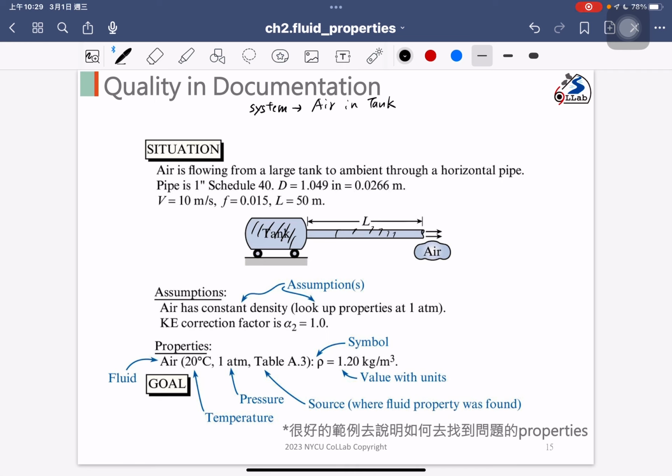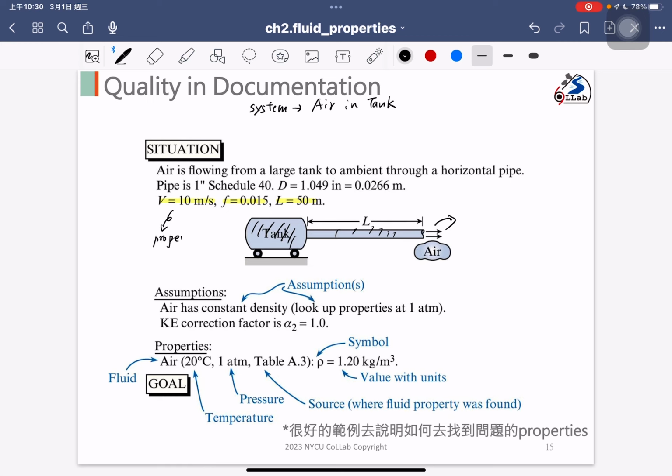So the air is released outside. Okay? And then we know the air speed is 10 meters per second, and there are some friction factors and the length of the pipe. Okay? So this is the property we have.